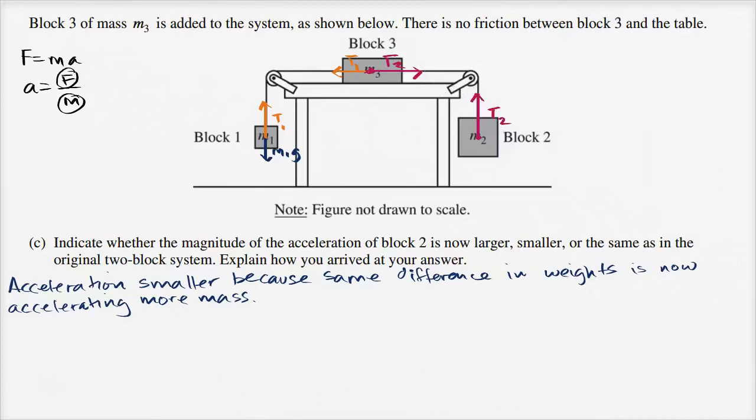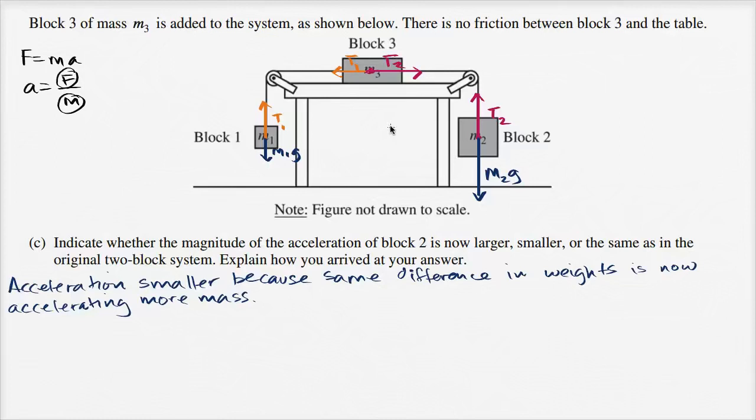And then finally, we have the weight of block 2, which is going to be larger than this tension. So that is m2g.